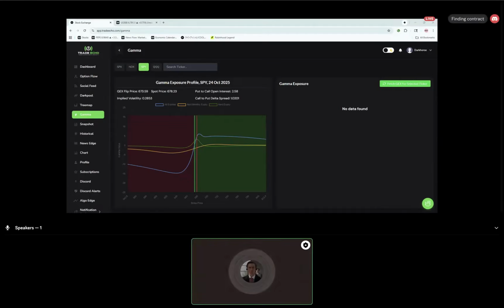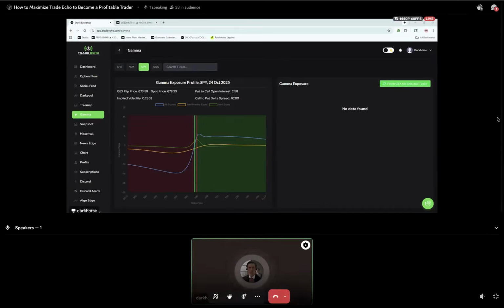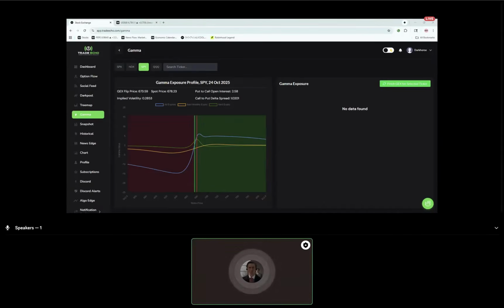Finding the contract. So let's do this, right? Say if it's an index trade that moved pretty fast, or say you're taking my trades that move pretty fast. For me personally, if you see me put an SPX alert, I usually take contracts that are 3.3 and above.